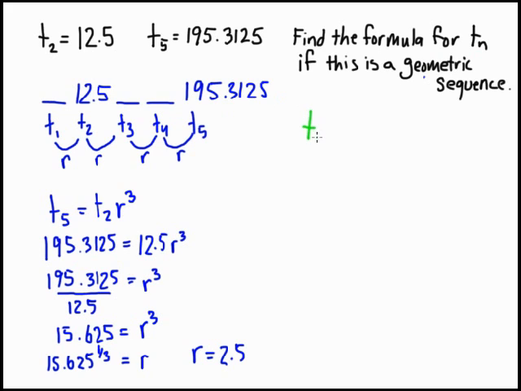The formula goes like this: Tn equals term 1 times r to the power of n minus 1.